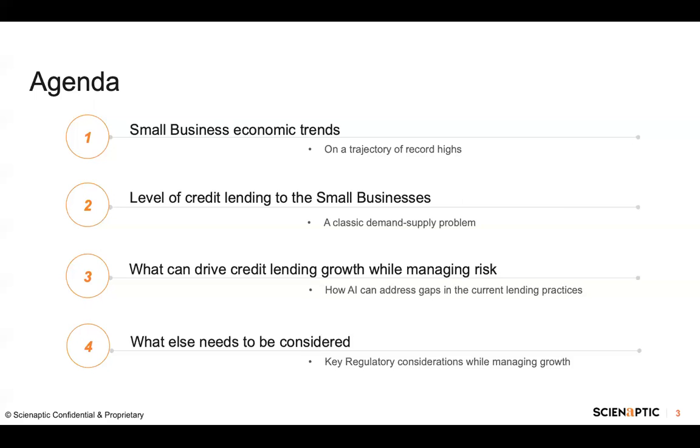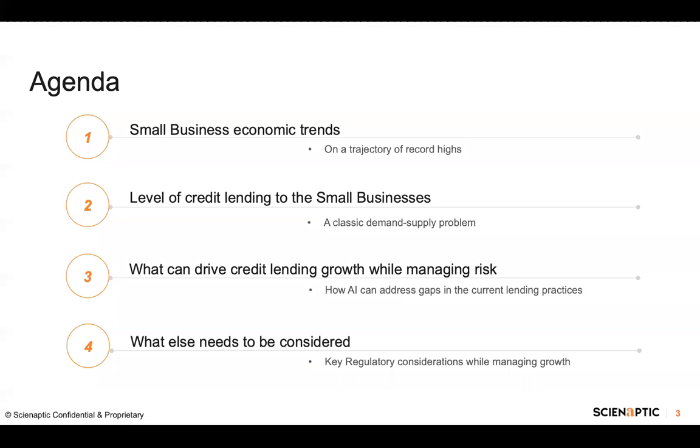Then we'll deep dive into the level of credit lending available to small businesses, across the major large and small banks, credit unions, as well as the online lenders. And we'll isolate a few problems that we are seeing in terms of the availability of credit.